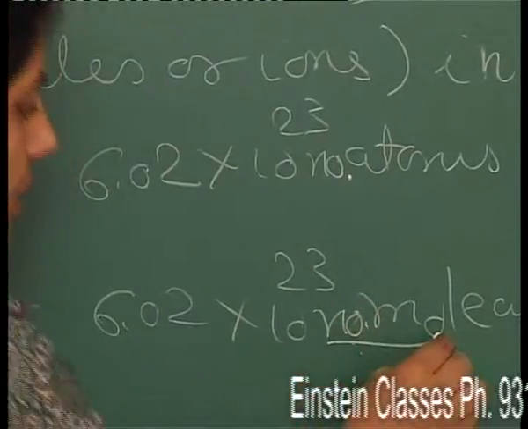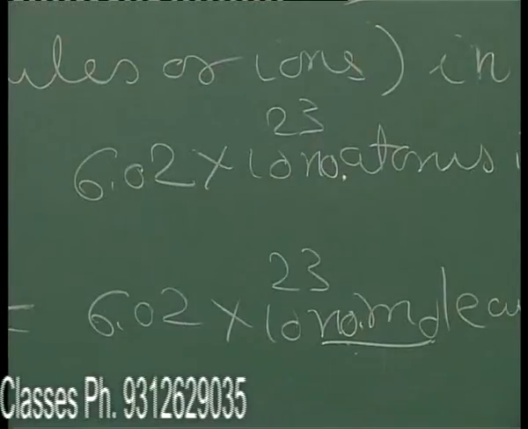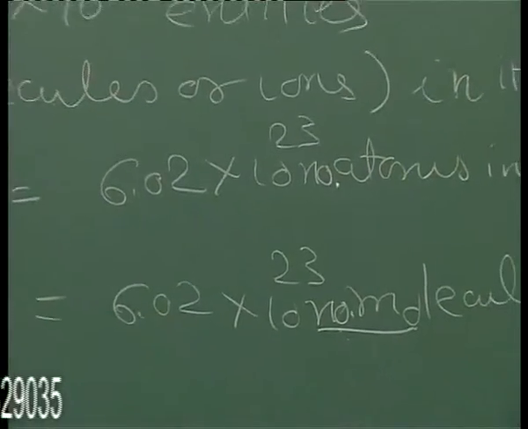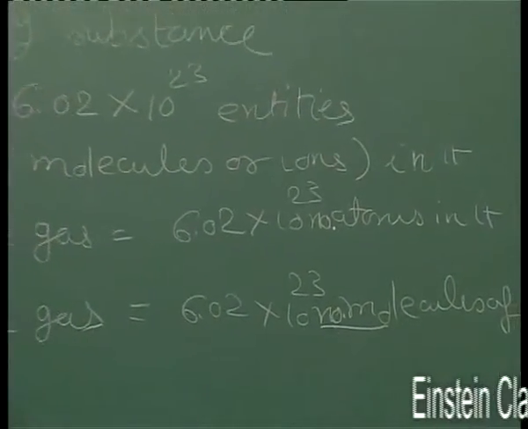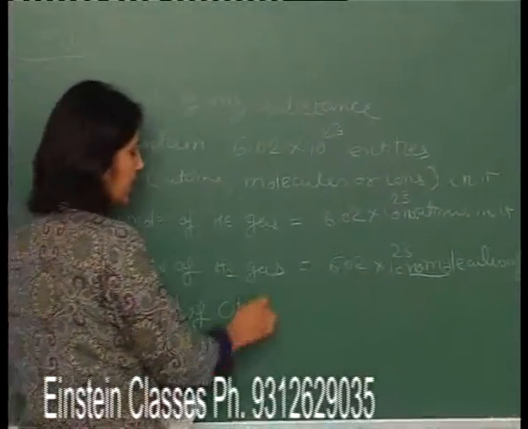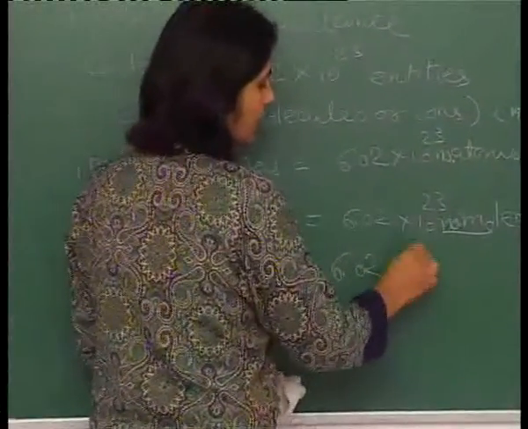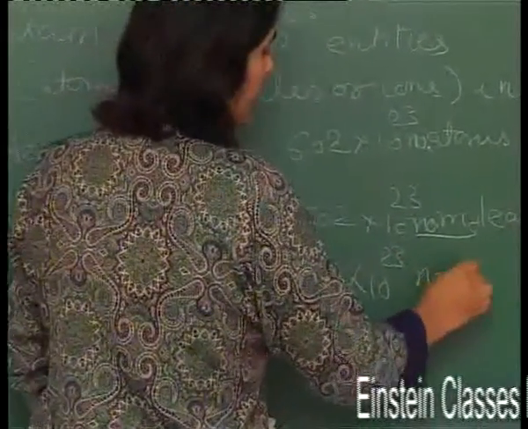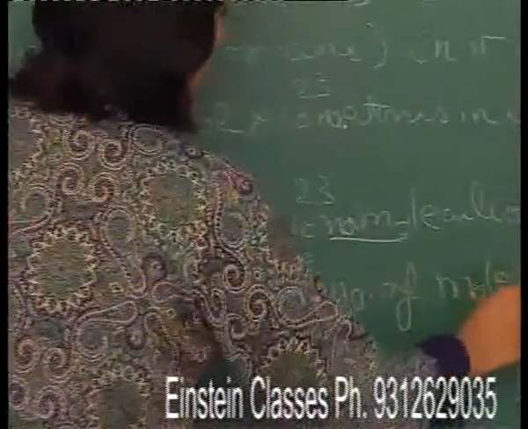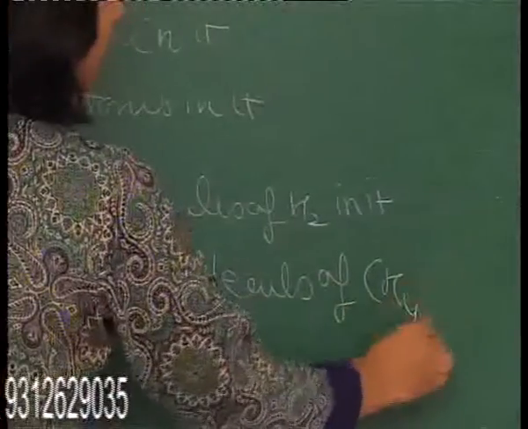This is the number of molecules of H2 in it. Whatever, if in a container there is 1 mole of methane gas, it means that there are 6.02 10 raised to power 23 number of molecules of methane in it.